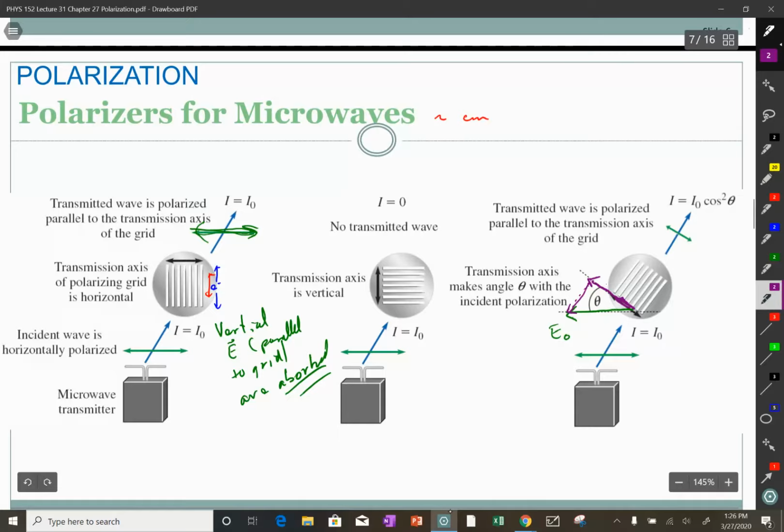So the parallel component is E0 cosine of theta, where theta is the angle between the incoming electromagnetic wave and the axis that is transmitted from my polarizer.